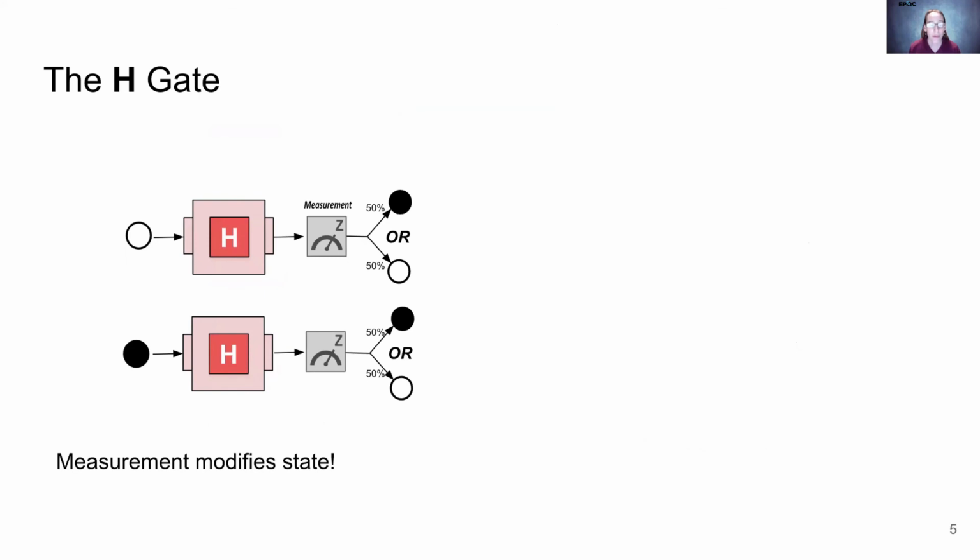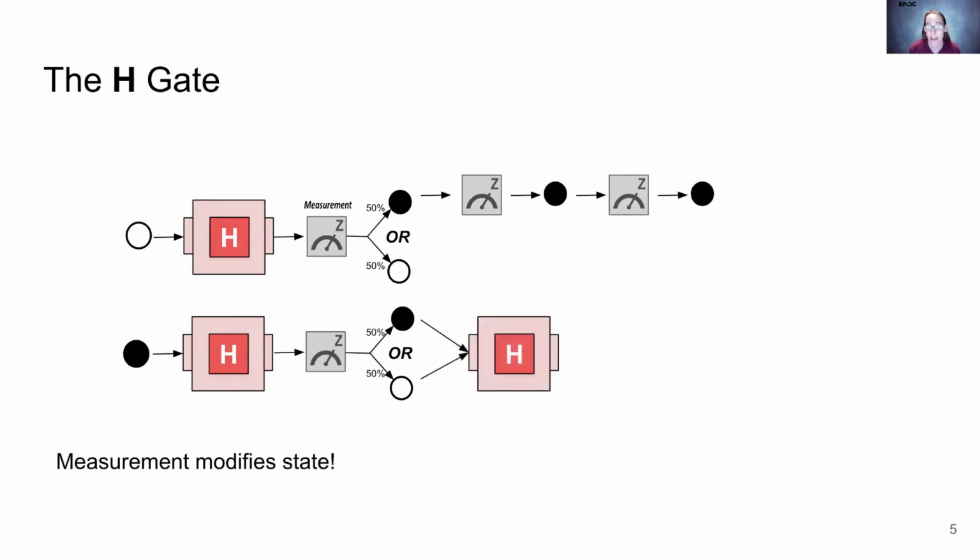All right, so the other interesting thing about measurement is that once measured, it no longer is in superposition. So if I measure it again, it's going to be black again. If it has the result of black and I keep measuring it, it will always have the result of black. However, if I put it back into an H gate, that puts it back into superposition again.